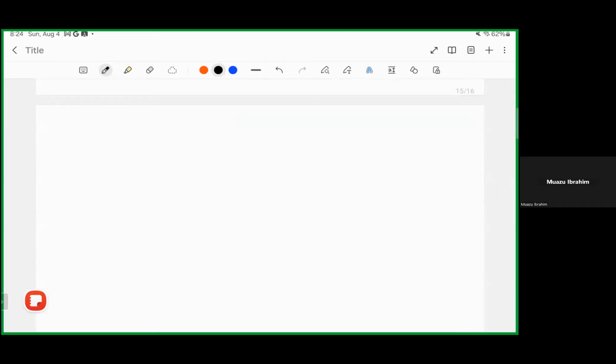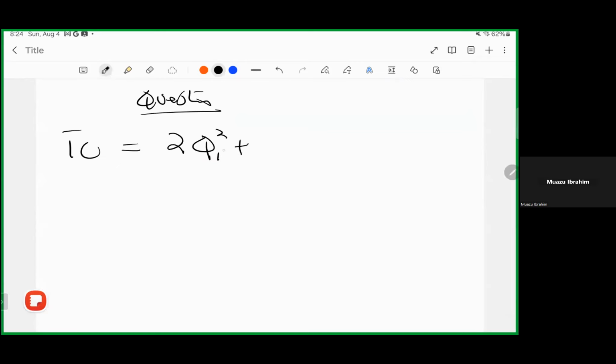So when you refer to that particular question, it is giving us a total cost question. So let's solve it quickly. A total cost function of 2Q1 squared plus 2Q2 plus this one. And they are saying what?